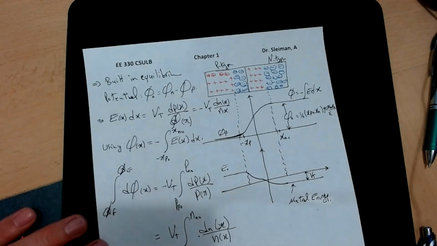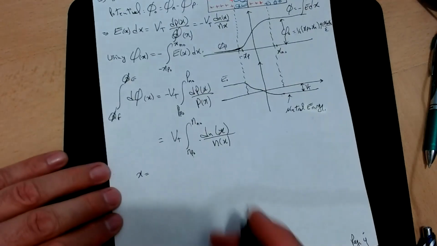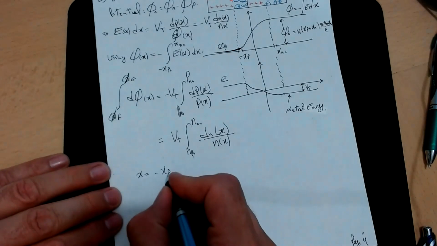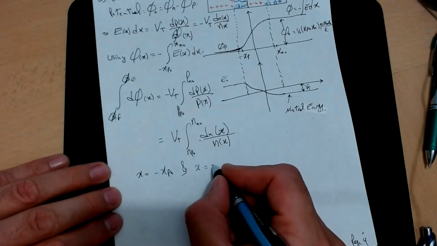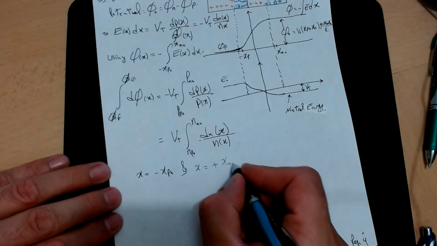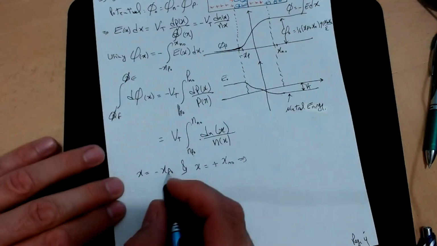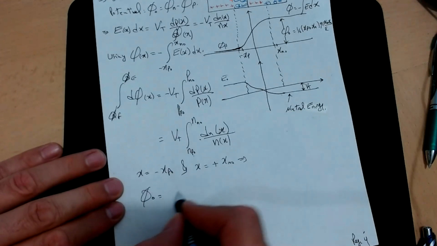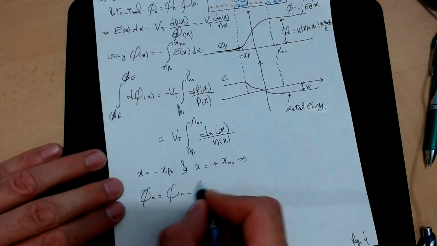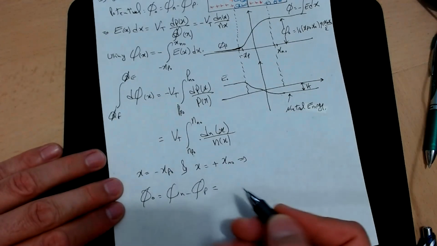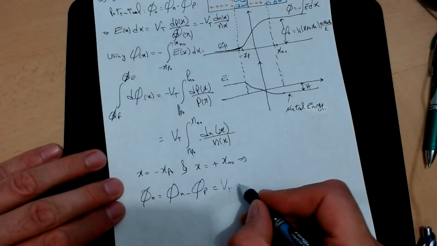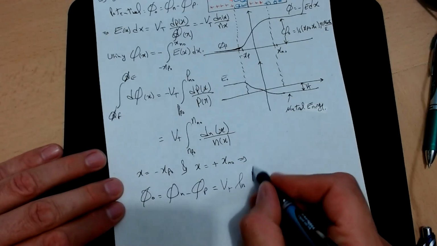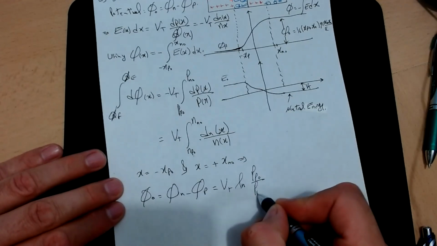So in this case, x is equal to negative xp0 and x is equal to positive xn0. In this case, phi 0 is equal to phi n minus phi p. We substitute both values, Vt ln pp0 over pn0.